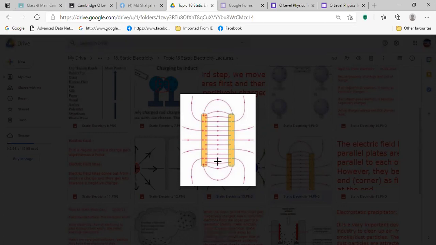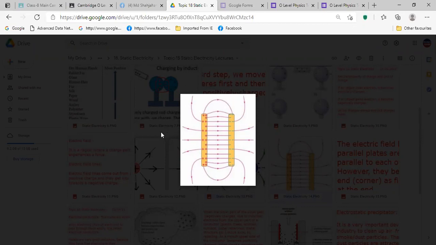Other than having point charges, we are having two parallel plates, and the field lines, you see, they are going from the parallel plates positive to negative like before, going straight till here, and at the end they are going a little bit curved, and at the corner one is going a bit more curved, right? Is it clear?